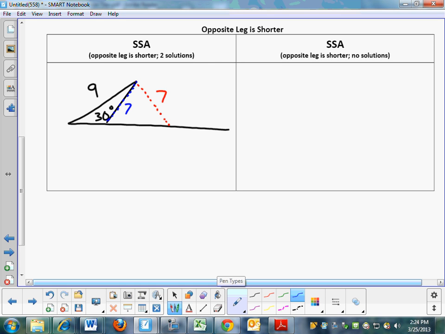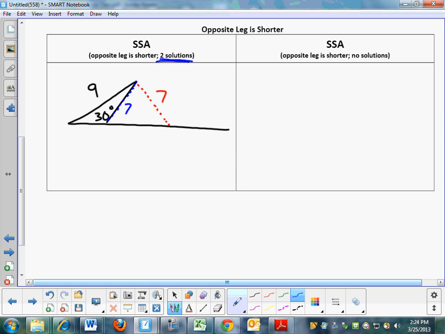So sometimes we have a leg opposite the given angle that is shorter than the other side. And when that happens, you might come up with two solutions. Now, we're going to go through this, and you'll understand all of it. But to just start off, I just want you to think for a second.